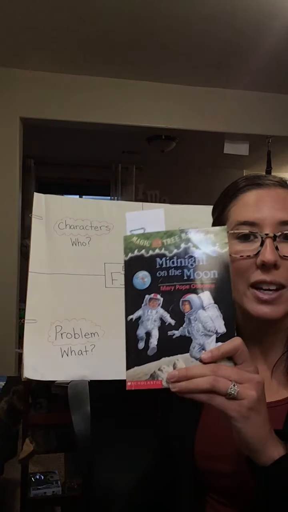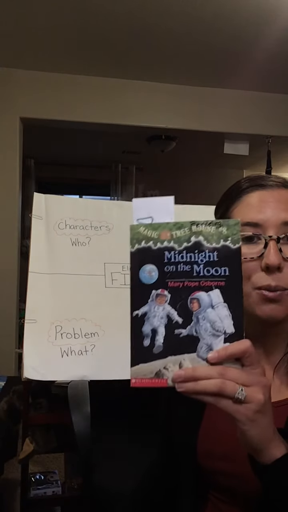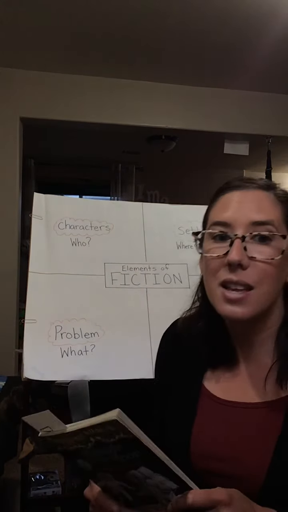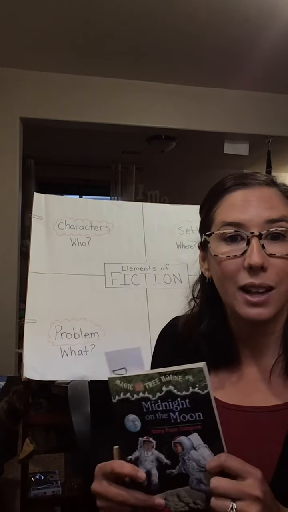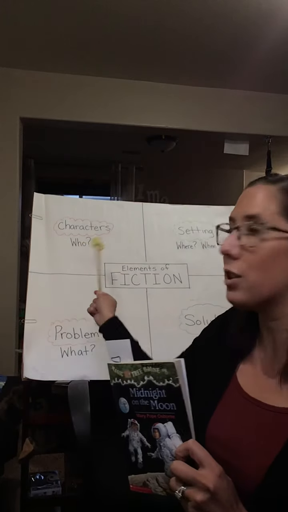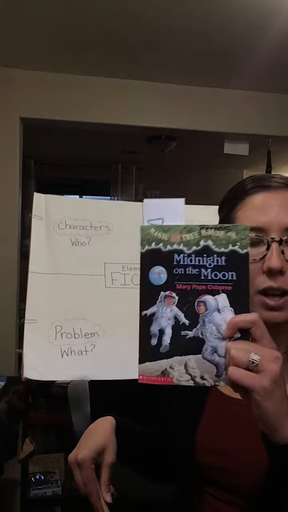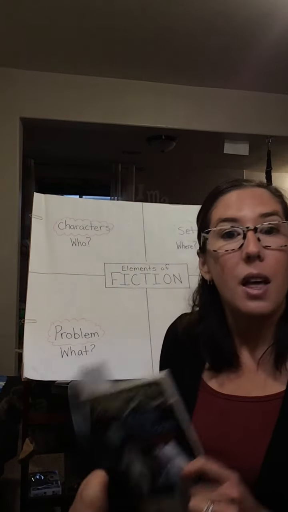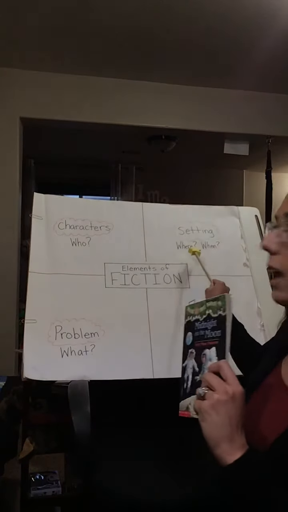So think about a character or characters that you can write more than one story about. This character could be based on you if you'd really like that. So my who is who my book is going to be about, the characters.